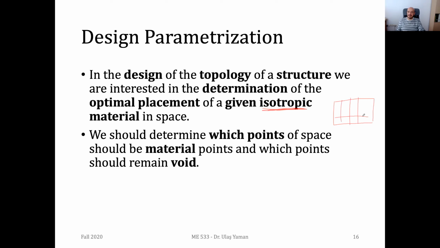So at the end of our optimization, we may come up with such a result. For instance, these ones will have material, and the empty ones will have no material. They will be void. And so we can say that this is a kind of binary image, a black and white image.